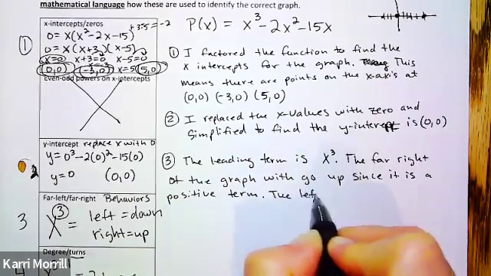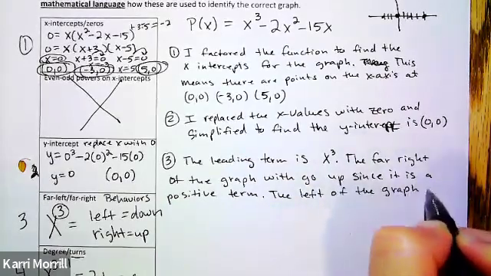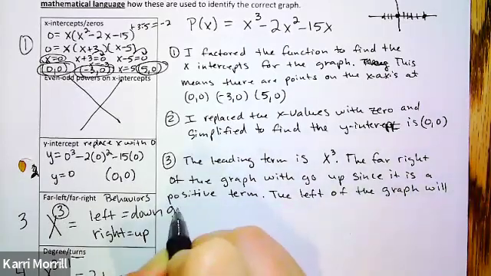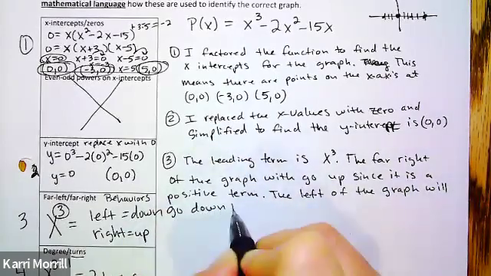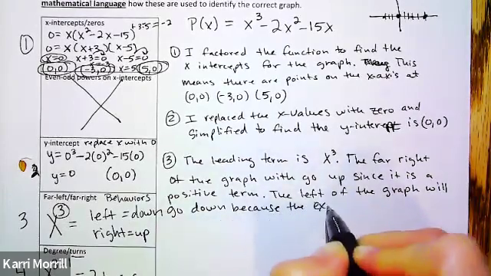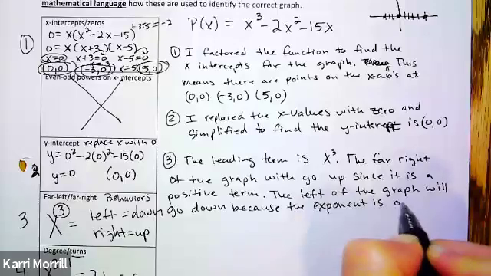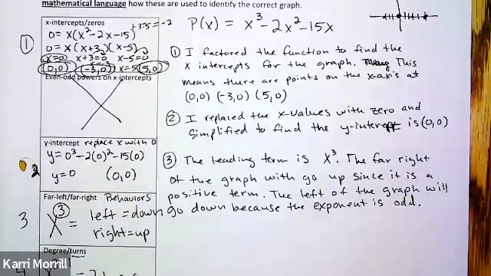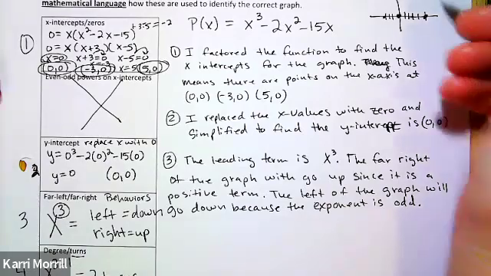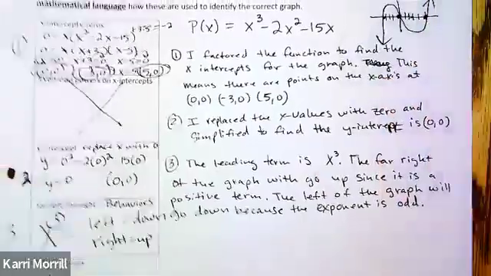The left of the graph will go down because the exponent is odd. So you're basically telling me, how do you know that the behavior of the graph, the far right and the far left, would be going up and down like so?